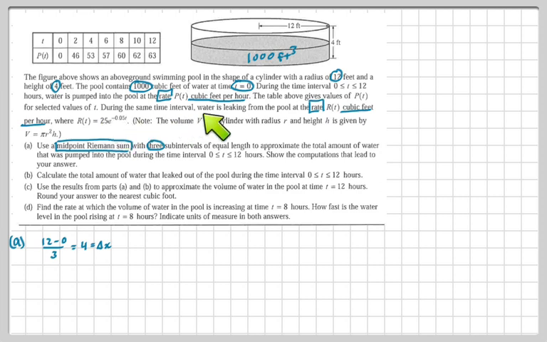Earlier we were told that P is the rate function that tells us the rate at which the water is being pumped into the pool. So we're given those values right there. We're not given a rule, we're given a table. I don't know if we really need to know that delta x is 4, but it kind of helps in this situation. So let me draw a picture for you guys.